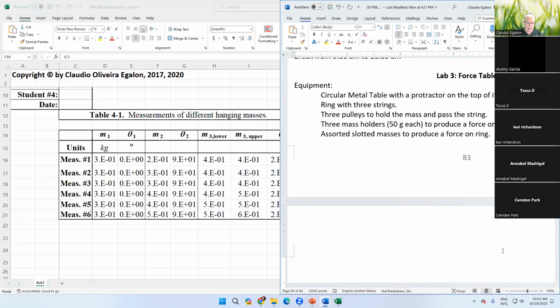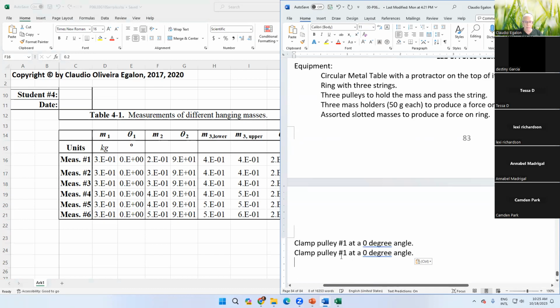Clamp pulley number 1 at a 0 degree angle. Okay. Clamp pulley number 2 at 90 degrees angle. That's theta 1 and theta 2.